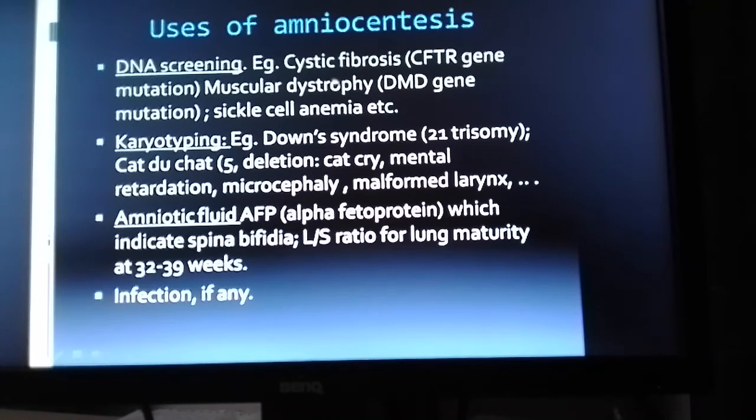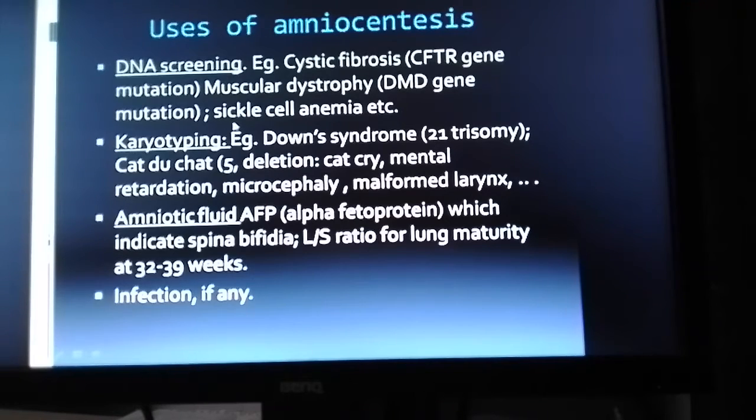Now simply to give some examples, the possibility of cystic fibrosis in the developing child, which is a defect of the exocrine glands, and muscular dystrophy, weakening of the muscles, even in the developing fetus or in the future.